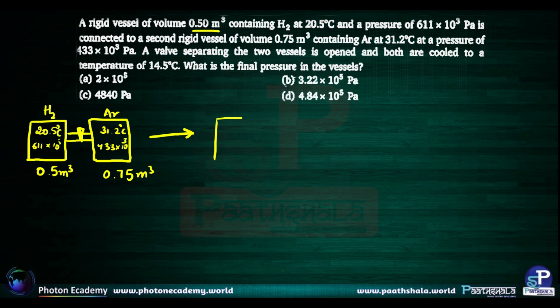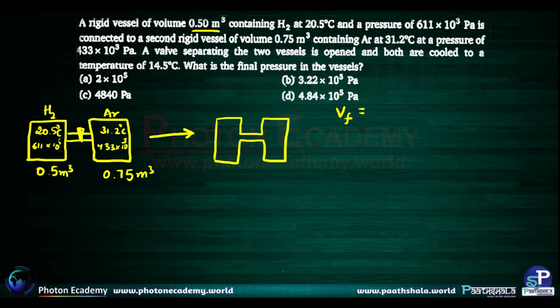When you open this valve, the gases can mix. So the final volume of the container is the sum of the individual volumes, that is 0.5 plus 0.75, which is 1.25 meter cube. This becomes the final volume that both the gases are going to occupy.